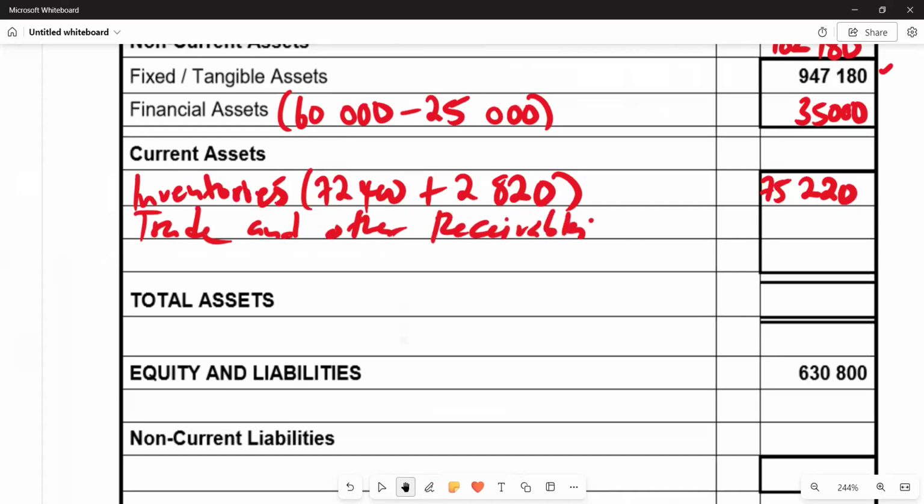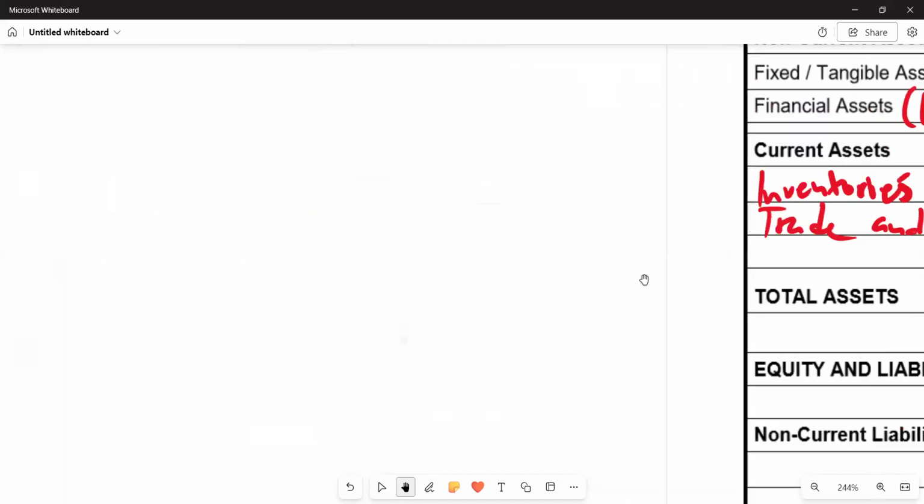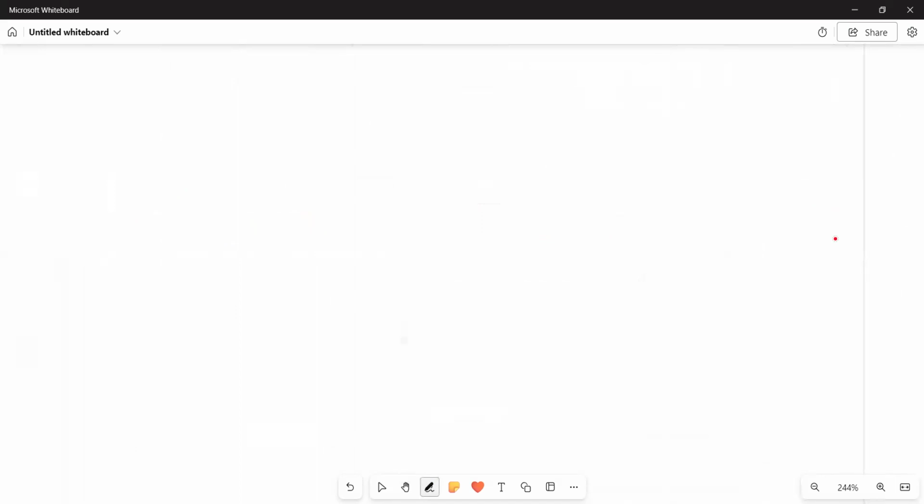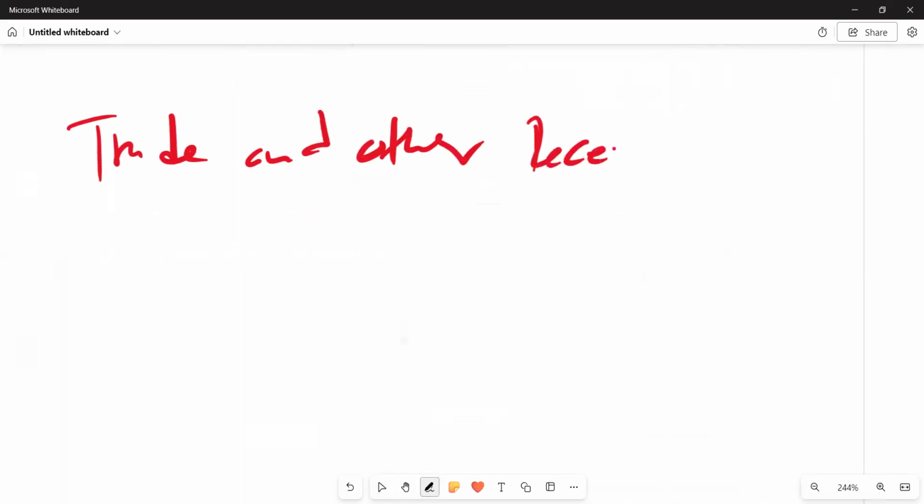For trade and other receivables, I'm going to give you the components that you have to look for in the question, which you have to add together to get the total for trade and other receivables.